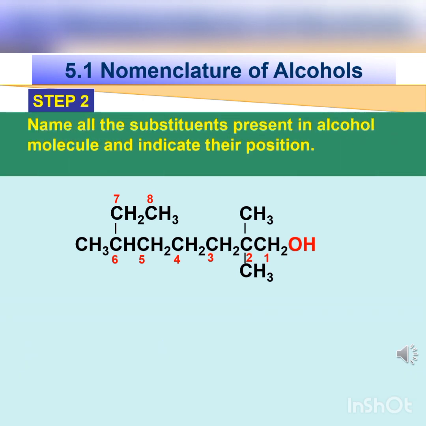Step 2: name all the substituents present in the alcohol molecule and indicate their positions. There are 3 substituents there. All of them are methyl. Two of the methyls are attached at the second carbon and another methyl is attached at the sixth carbon.